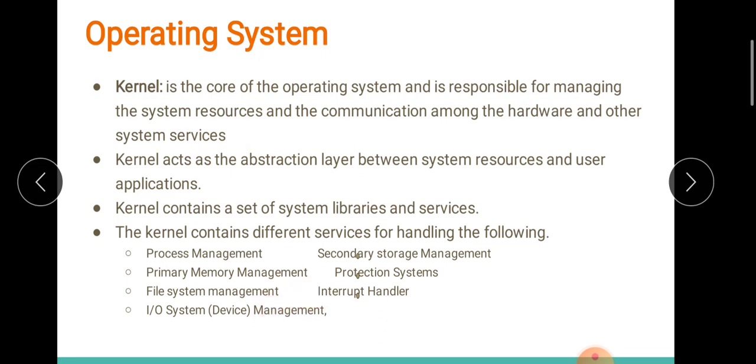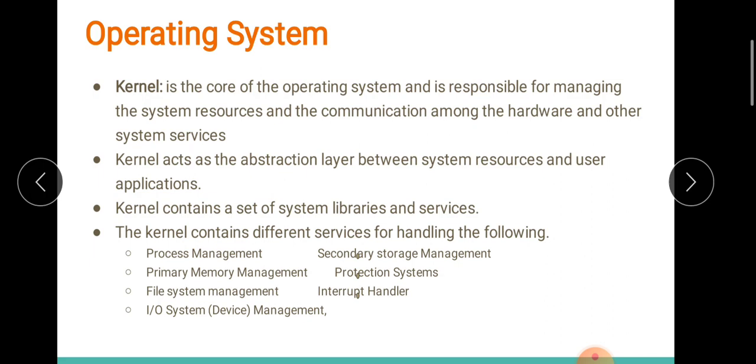The fourth service provided by the kernel is input-output system device management. Having known all these three, you can easily guess what the other jobs are. We have various input-output devices which may be connected to your systems. Here the kernel makes sure that input-output requests, to access an input or to give an output to an output port, which come from different user applications, are properly channeled.